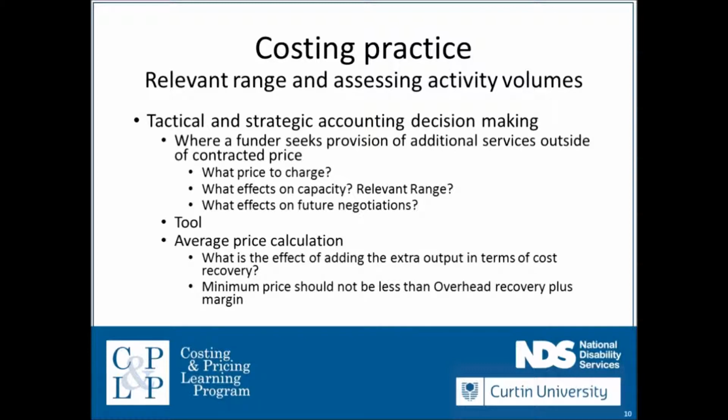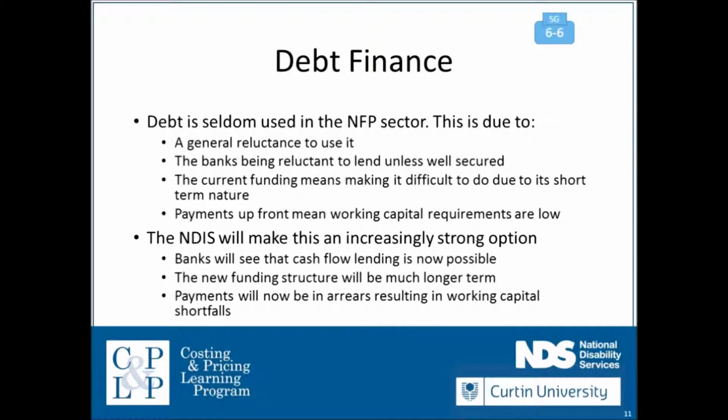But also more generally, if you go outside your relevant range, typically that would result in increased costs for overheads and so on, which should be taken into account in your cash flow forecast, the same as they would in your budget, and the same as hopefully they would in the context of your strategic planning process as well. So relevant range is incredibly important for your cash flow forecast too.